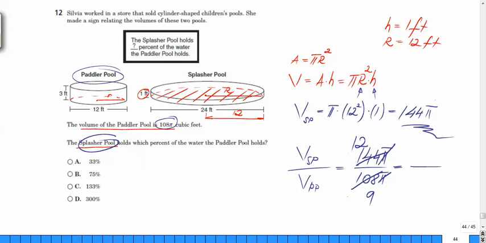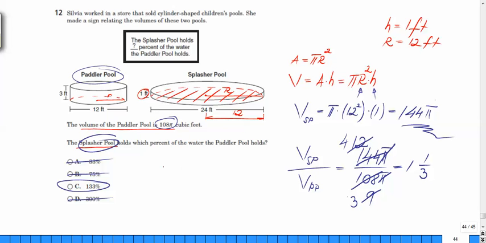We can still simplify here by 3, and this will give me 4 over 3, which is actually 1 and 1/3 as a mixed number, which is definitely as a percent 133%. Definitely not 33, not 75, not 300. Better be 133%. So that would be one way.